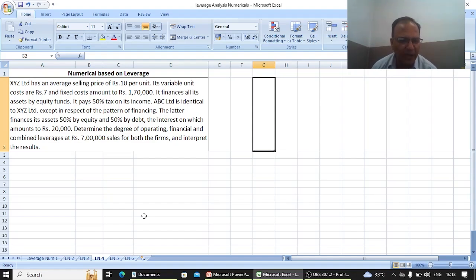Determine the degree of operating, financial and combined leverage at sales of rupees 7 lakh for both the firms and interpret the result. It means we have to find out operating leverage, financial leverage and combined leverage for XYZ Limited and ABC Limited.